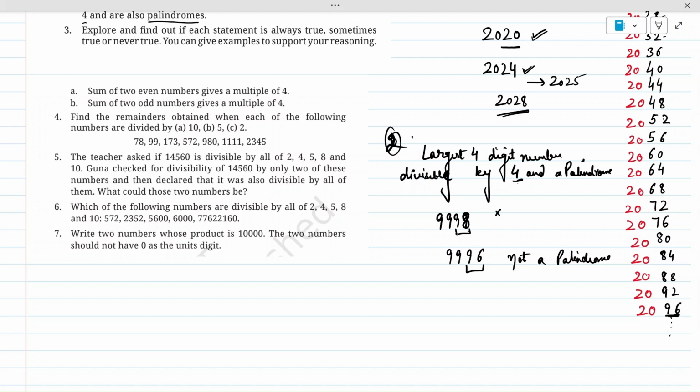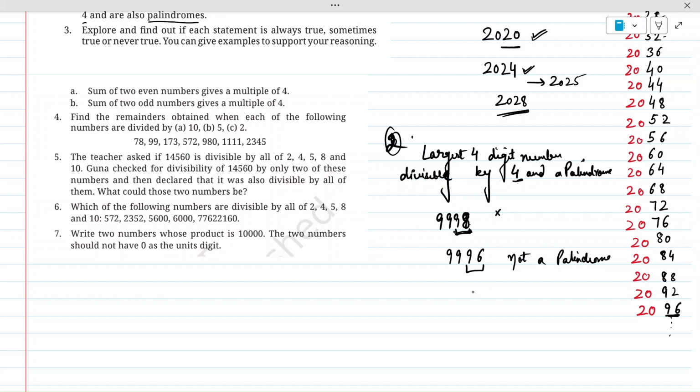Okay, so what I am going to do here is write the 2 digits which are in the 800 series and are completely divisible, because if I get 8 here, then I can also write 8 on the other side to make it a palindrome. So the largest such number here is 88.